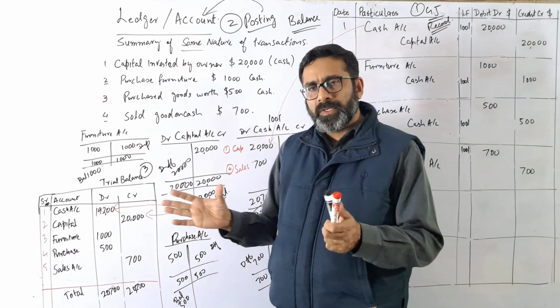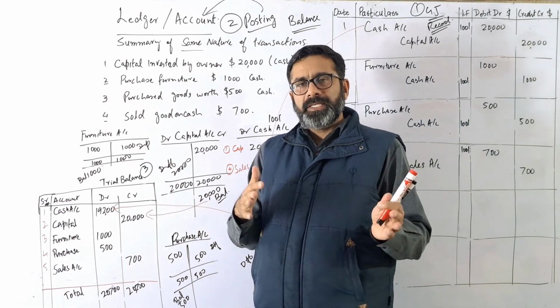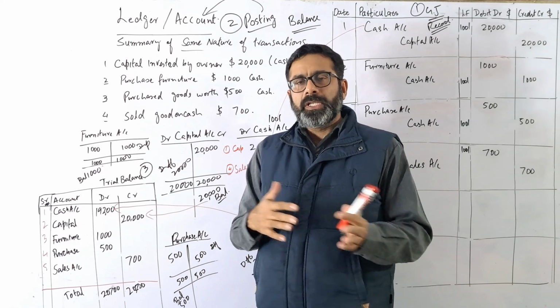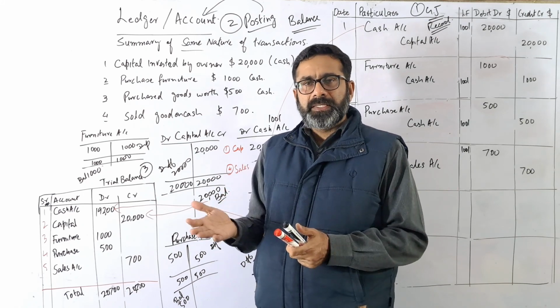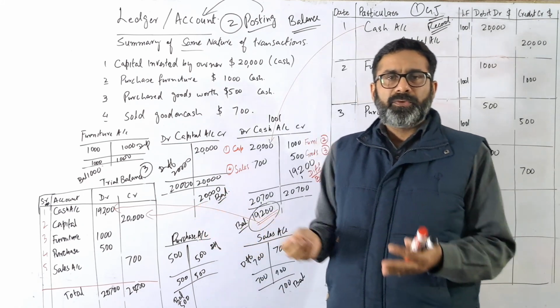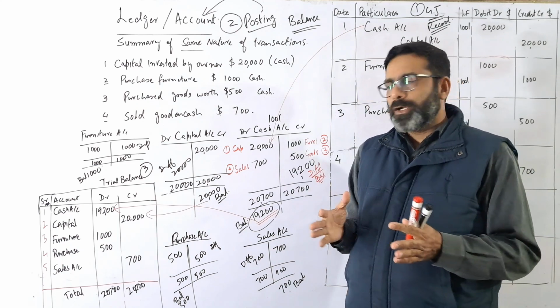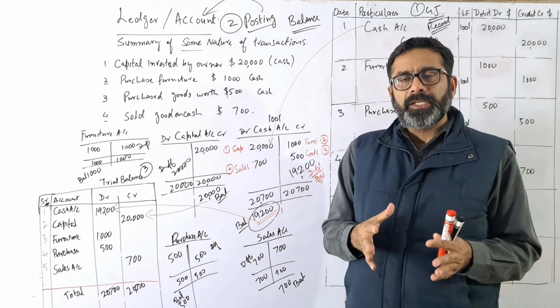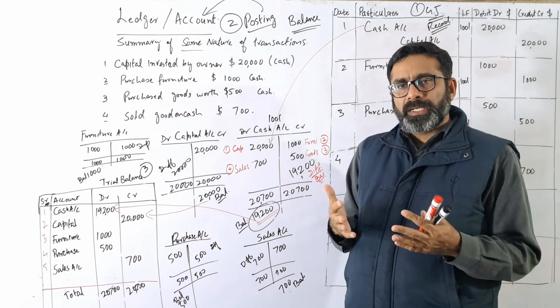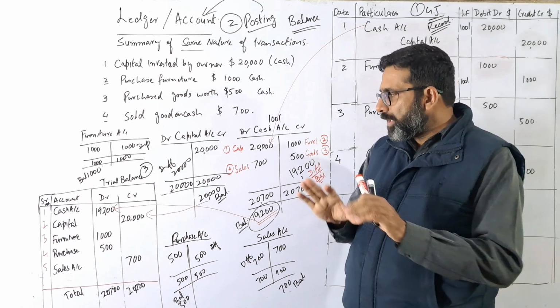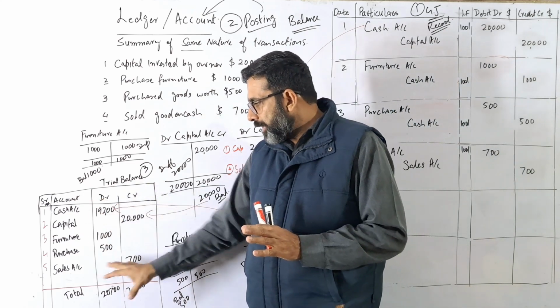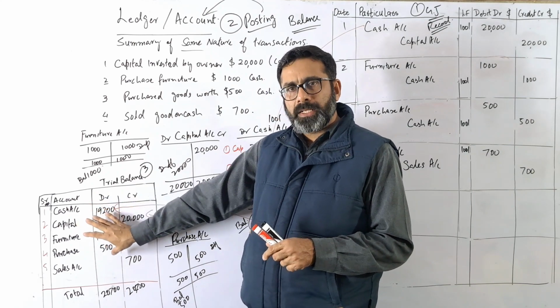So to know how much is the profit or loss, how much is the income, or the expenses, how much they have to receive, how much they have to pay, how much is the capital, how much is the liability, what are the assets of the business. Every information, the summary of that information, is available in the trial balance.